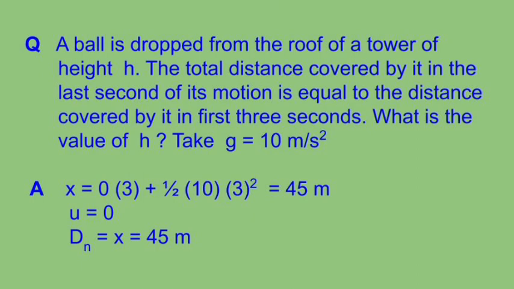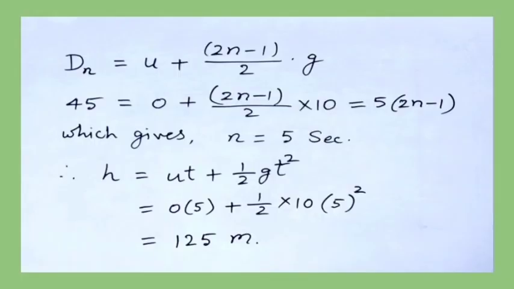This is also the value of dn, the distance covered in the last second of motion. dn is equal to u plus (2n minus 1) by 2 into g. So after substituting the values and simplifying it, we get 45 is equal to 5 into (2n minus 1), which gives n is equal to 5 seconds. The height of the tower is then h is equal to ut plus half gt square, which comes out equal to 125 meter.